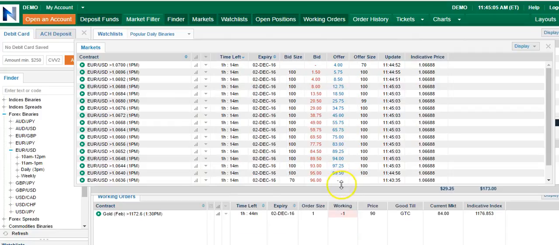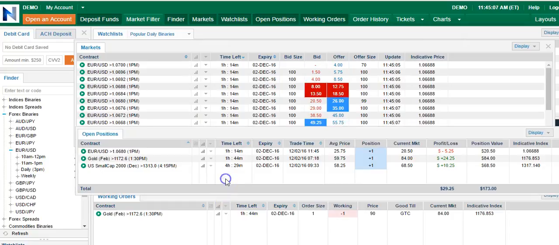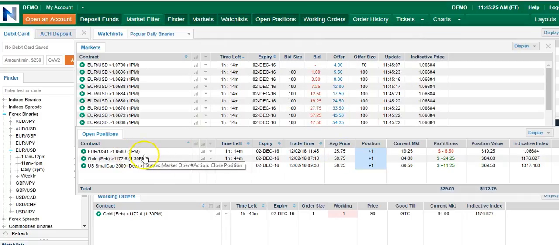And you will see if I go to my open positions, I actually paid $25.75 for that particular contract. So this contract is out of the money. So it has to move up 11 pips in order to win. But let's say I leave this one in for the rest of the day or until 1 p.m. I would get, just say that's 25 for easy math instead of 25.75.